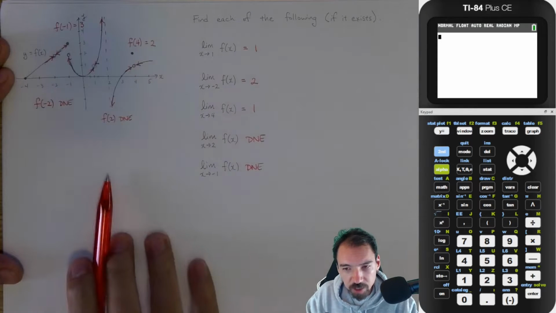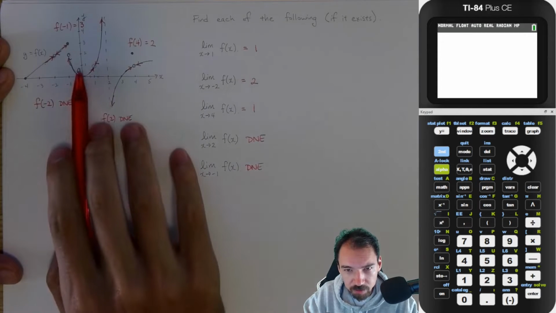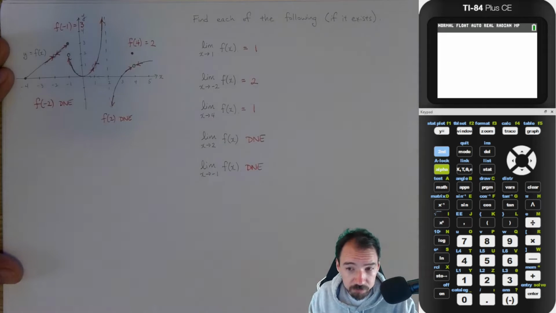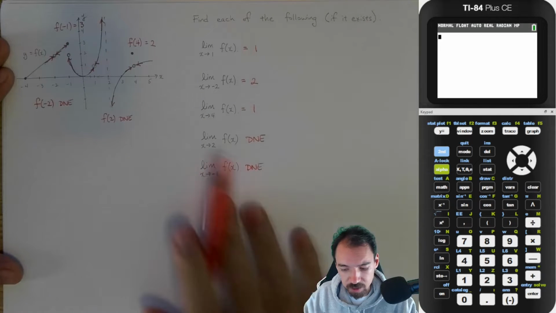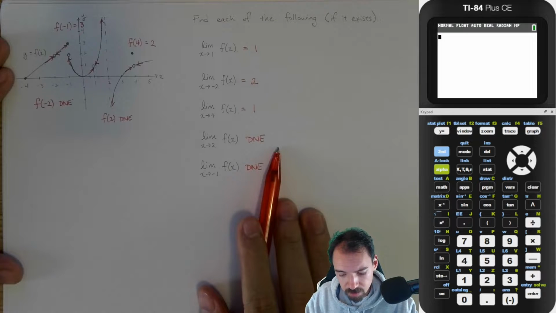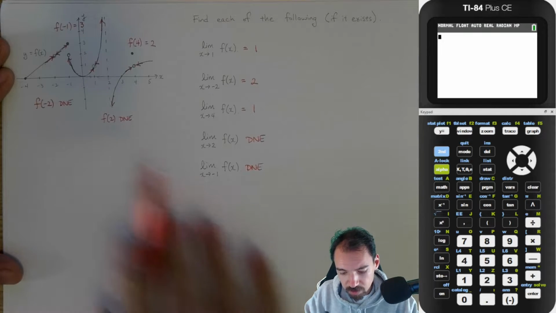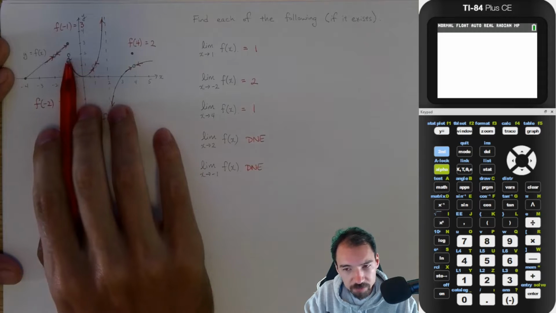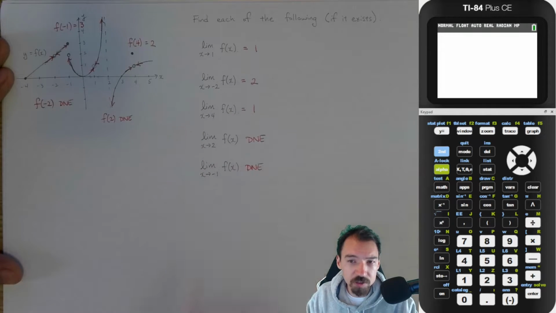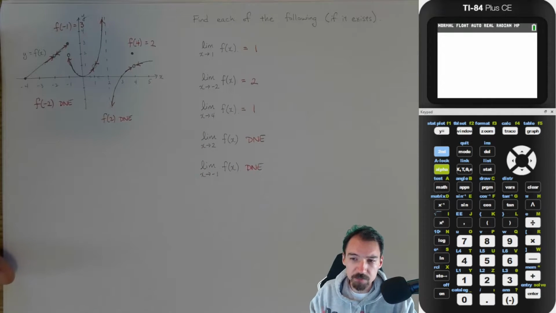Now if I have a vertical asymptote, then my y values go up or down indefinitely. So there's no single y value that I can say I'm approaching, hence the limit does not exist. And if I'm approaching a different y value from both sides, I also have to conclude that the limit doesn't exist, because I need a single value of y that I can claim the graph is approaching from both sides.